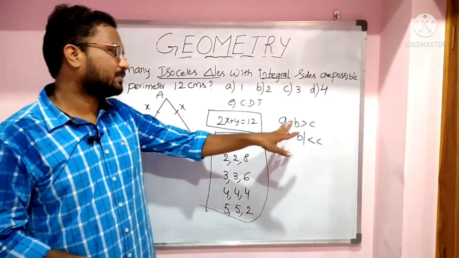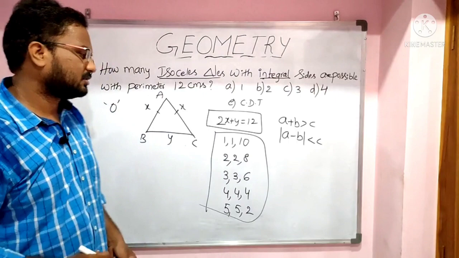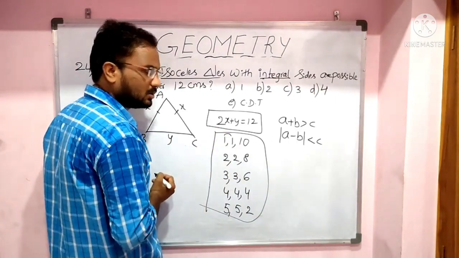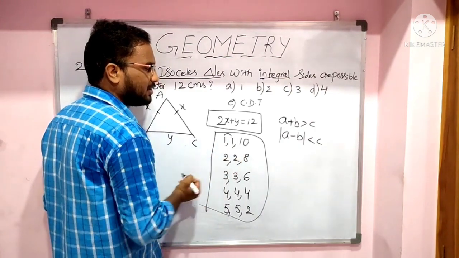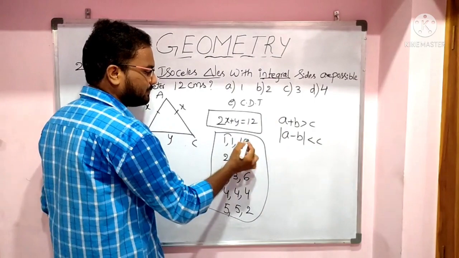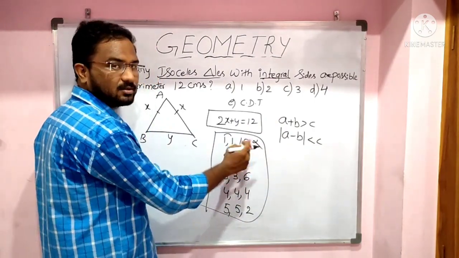First, the sum of these two, 1 plus 1, is 2. 2 is less than 10, but the sum of any two sides should be greater than the third side. So this pair is ruled out.